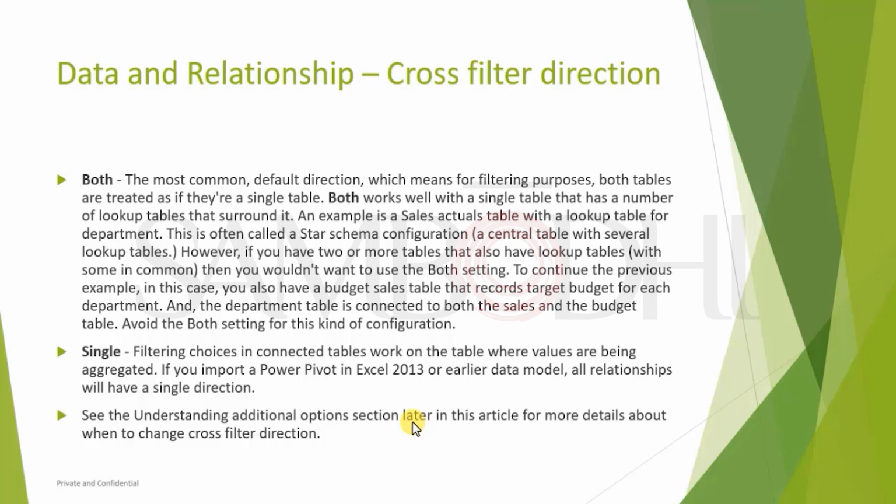We would try to gather all the sales done for every department in one central visualization. Also, there is a single filtering choice in the connected table that works on the table where values are being aggregated. So if the values are getting aggregated, that means they are unique in that relationship, then you can set it as a single direction.